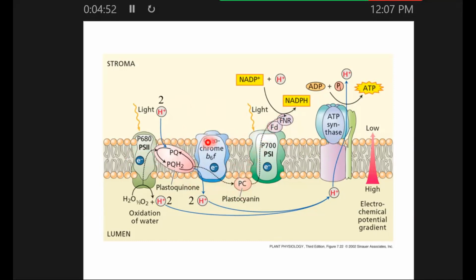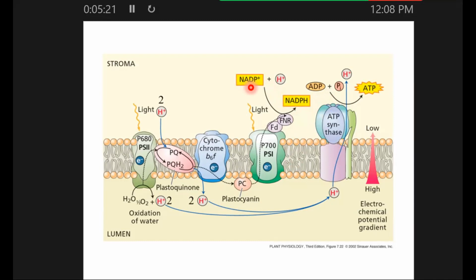Basically I need you to appreciate that you have these big complexes, but you also have these mobile carriers that will allow the electron flow to happen pretty seamlessly on down the line, until you end up with the final or terminal electron acceptor, NADP plus, sitting there waiting for the electron.